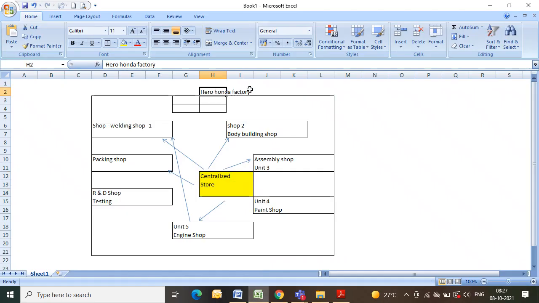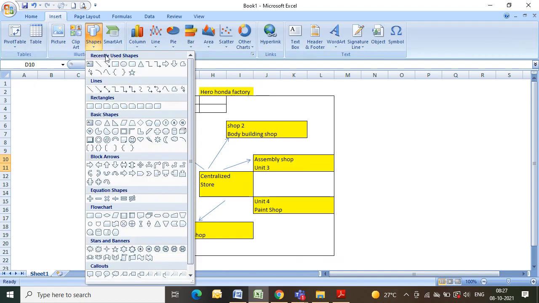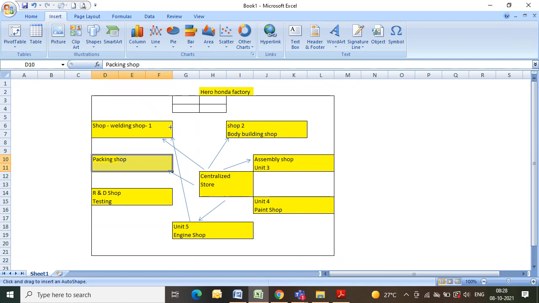Okay. So this is a factory. Understand, this is a factory where each unit is independent. So this is unit 1, unit 2, unit 3, unit 4, unit 5, unit 6, and unit 7. In any factory, production starts from unit 1 and then moves to unit 2.